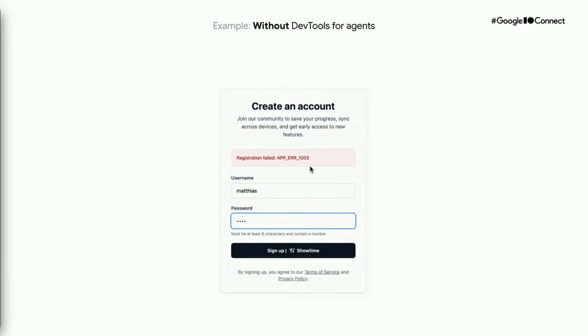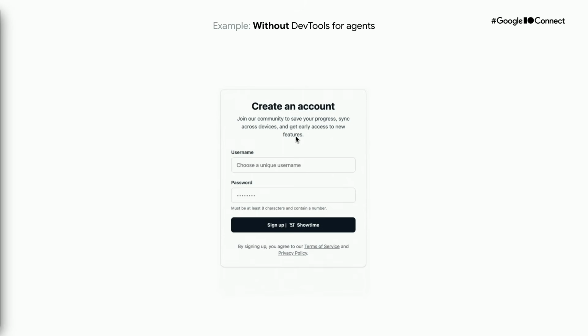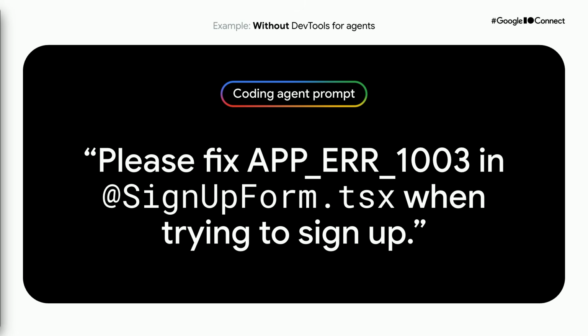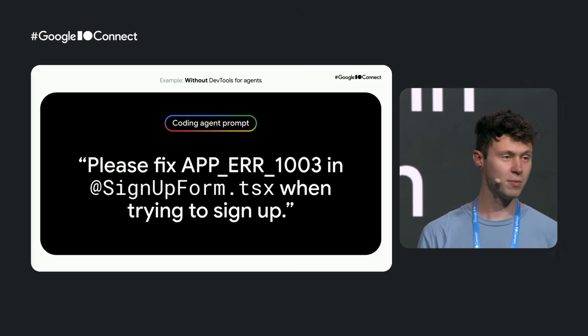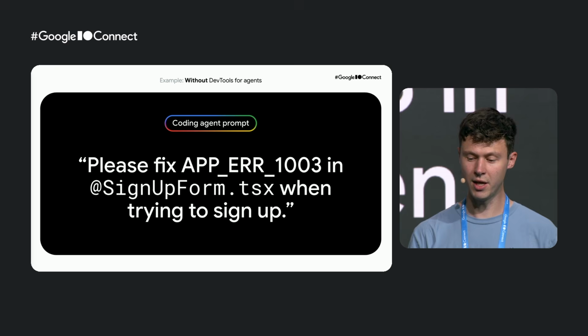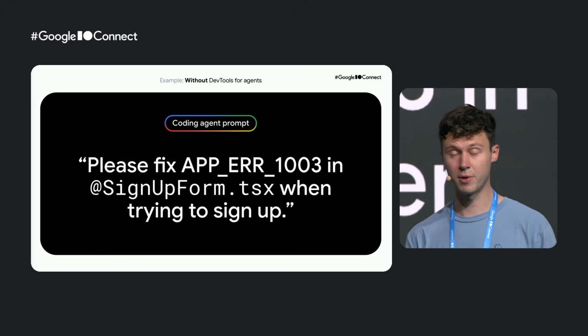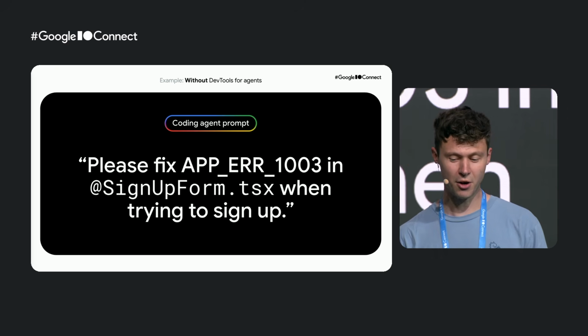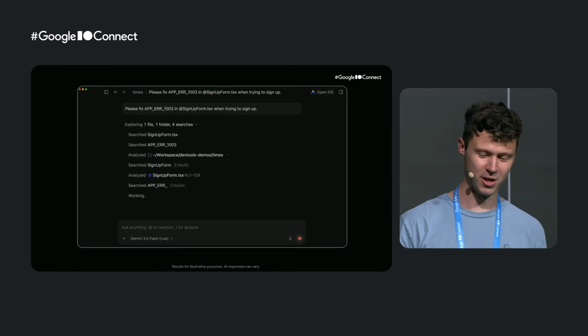Your out-of-the-box coding agent runs into a bunch of dead ends debugging an issue like this. First of all, it would rely on you to manually surface the issue. But then also, if you actually surfaced it and you prompt, please fix app error 1003 in sign-up form, TSX, when trying to sign up with your coding agent, it can't do much.